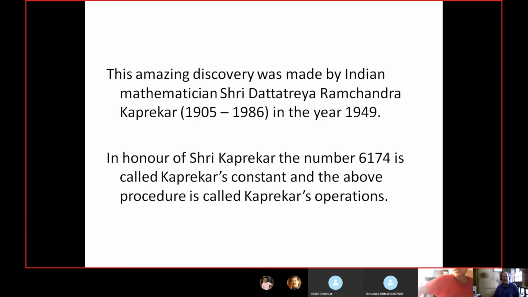This amazing discovery was made by Indian mathematician Dattatray Ramchandra Kaprekar in the year 1949. In honor of Sri Kaprekar, the number 6174 is called Kaprekar's constant, and the above procedure is called Kaprekar's operations.